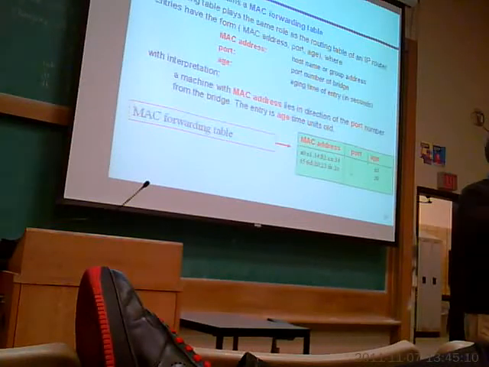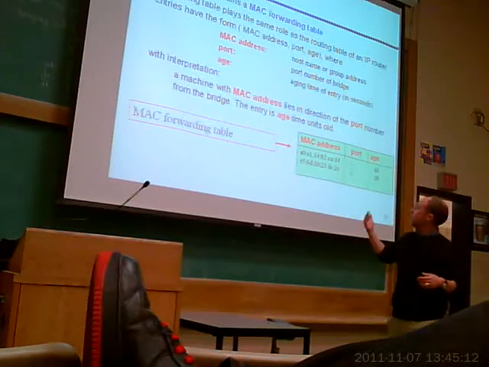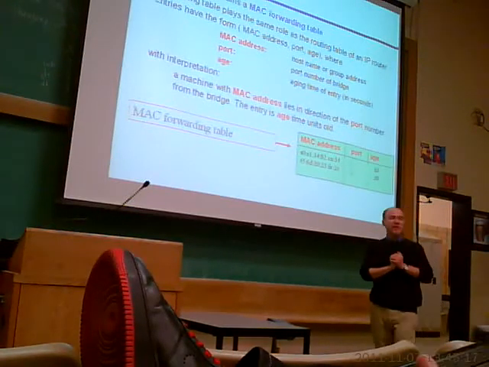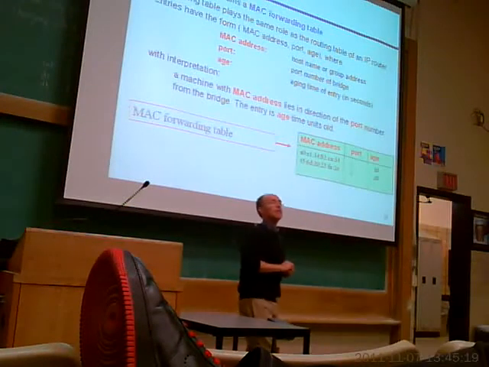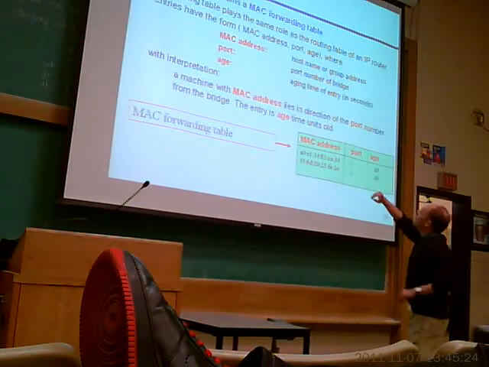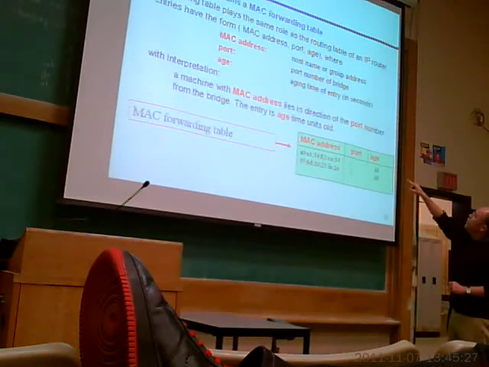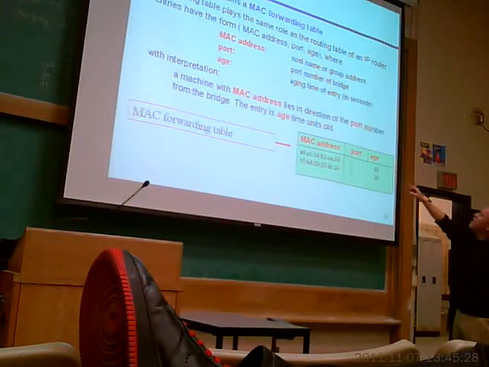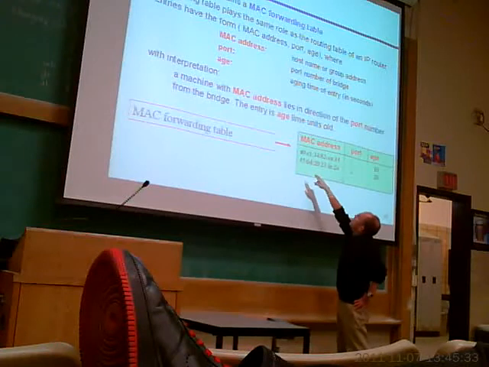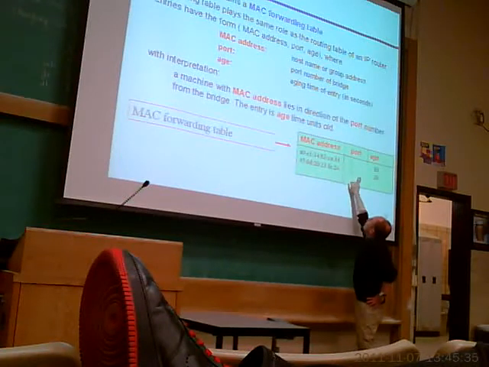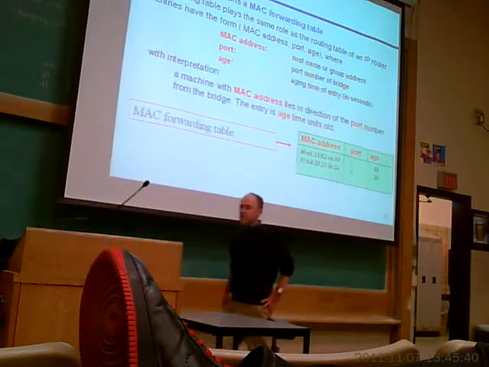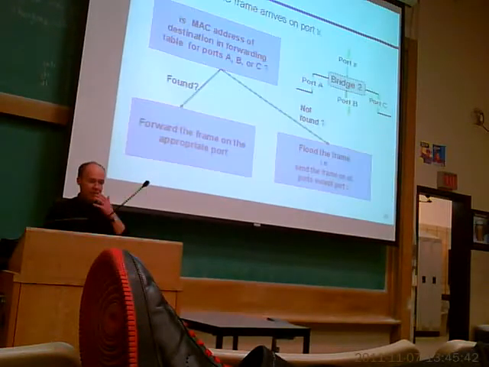So the scope of this is that you need to be able to manage it. A couple of thousand, probably you can manage. A million, probably not. Yes, good point. So these are the meaning of the entries: the MAC address, the port, and the age. The interpretation of an entry of this form is that a machine with this MAC address lies in the direction of this port number, and the entry has this age. Okay, so that's the lookup.